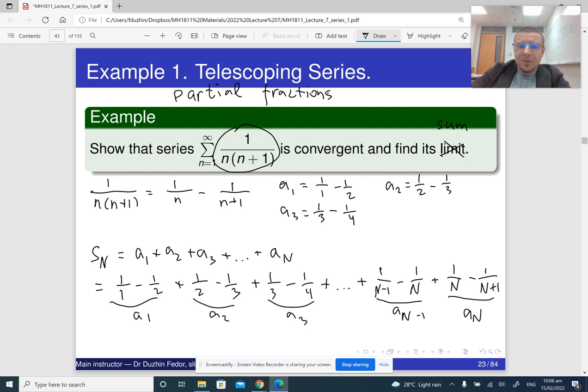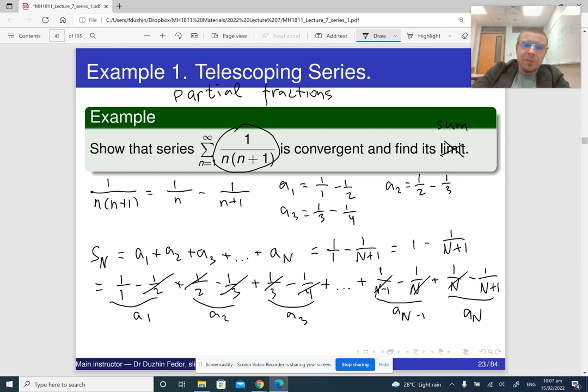Right? And what you see here, almost everything immediately cancels out. So minus 1 half plus 1 half, minus 1/3 plus 1/3, and so on. So the only two remaining terms are the first one and the last one. So this is really 1 over 1 minus 1 over n plus 1. So this is 1 minus 1 over n plus 1.